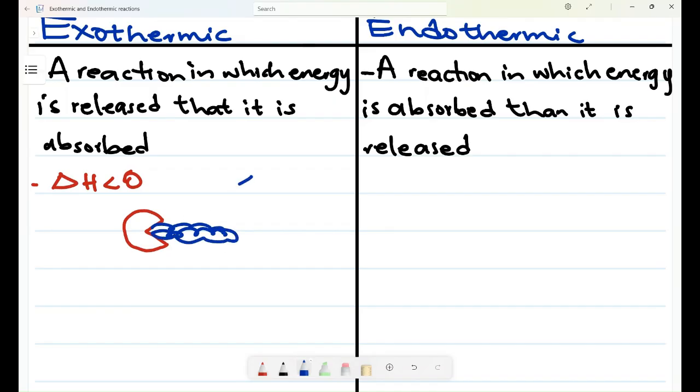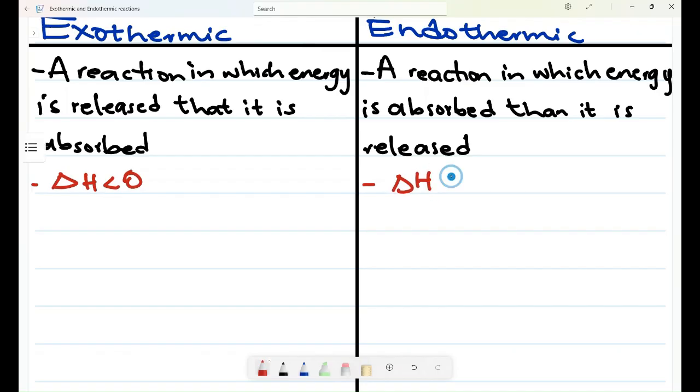But on this side, it absorbs energy. Energy is being absorbed so that it can be released. Can you see that?